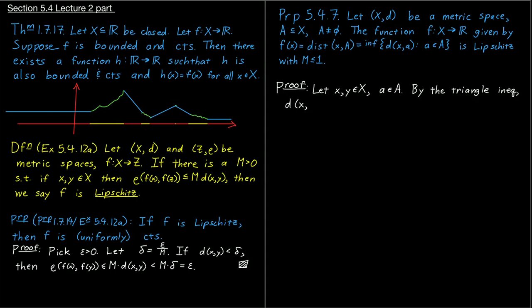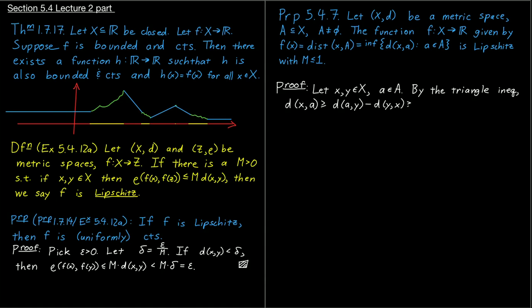The distance from our point x to our arbitrary point a in the set is at least the distance from a to y, minus the distance from y to x. We proved the reverse triangle inequality back in section 5.1, but I don't feel like looking up the proposition number. If it bothers you, just move the distance from y to x over to the other side and use the symmetry of the metric, and you'll see it's equivalent to the regular triangle inequality.